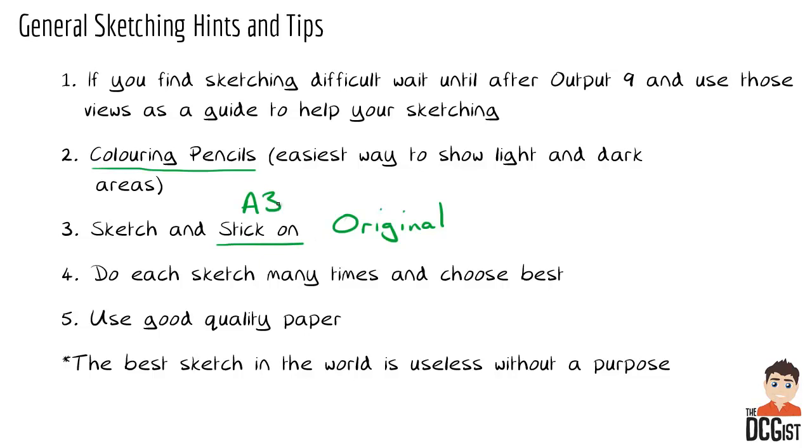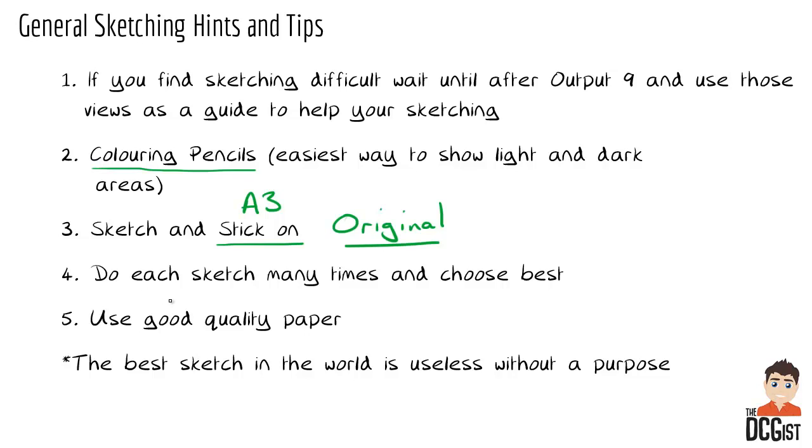That will mean you won't be under as much pressure to have them perfect, because you can't use more than one page, okay? Whereas if you do it like this, you can do them on separate sheets, and if you make a mistake, you can just do another one and stick it onto your final A3 sheet. But the important thing is that the original ones are the ones that are handed up.